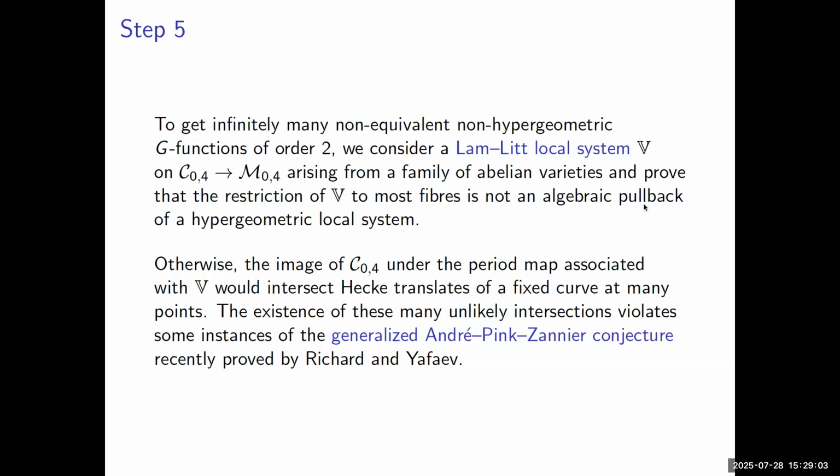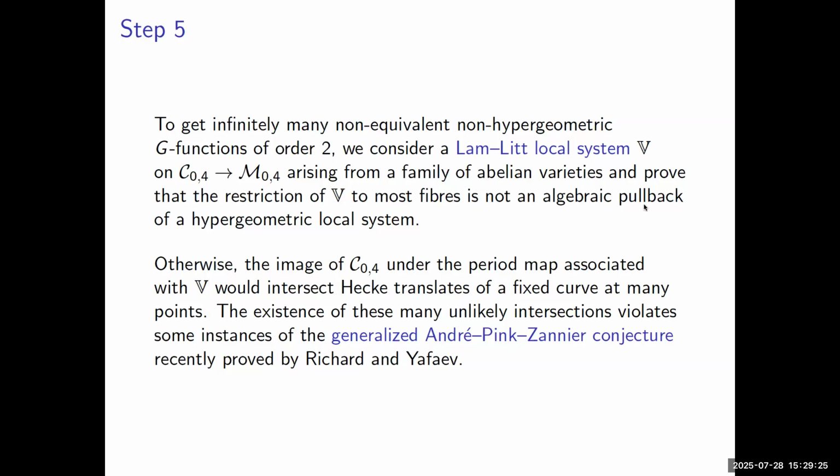And then you argue that if there are infinitely many points which are of hypergeometric type, there will actually be infinitely many points which are isomorphic to the same pullback of a hypergeometric local system.